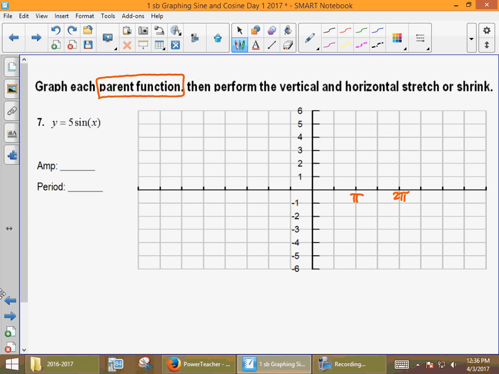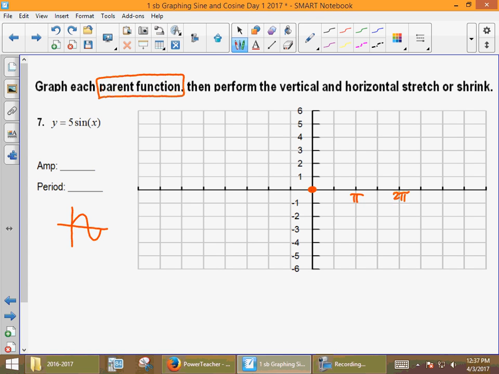When you graph sine, until you get really good with these, I always find it helpful to draw a little baby sine graph somewhere so you know that's the graph you're trying to recreate. When you graph sine, I always graph the 0 point first, and I graph the end of the period.